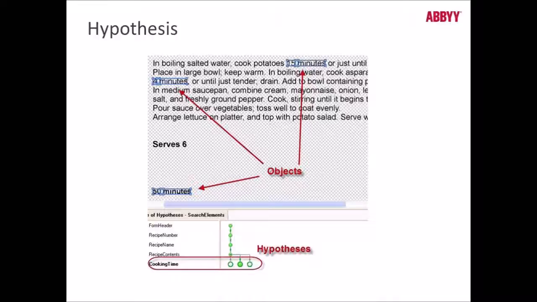In this case, the program will formulate a hypothesis for each detected object. And hypotheses are characterized by their quality. The quality of hypothesis measures how well the detected object matches the description contained in the corresponding element and its numerical value is from 0 to 1.